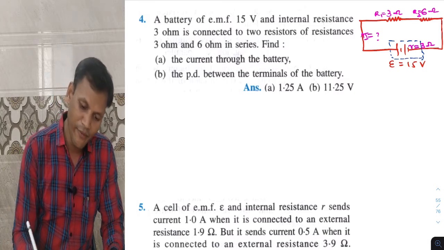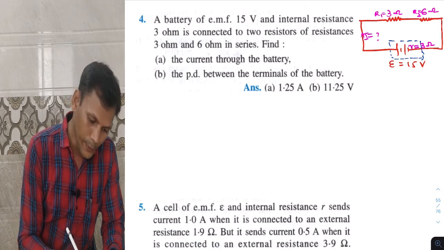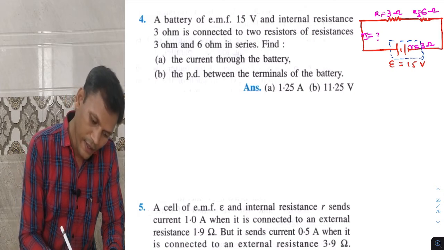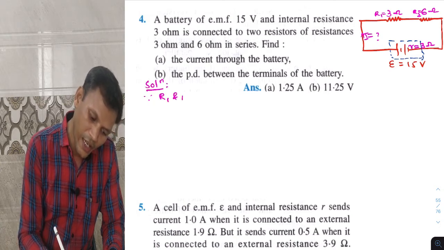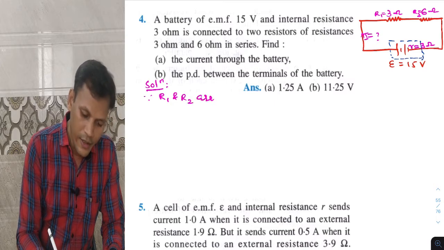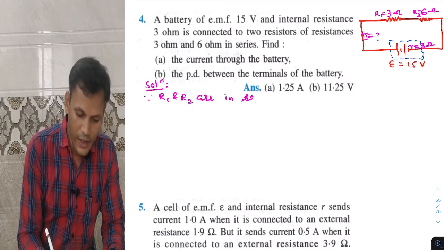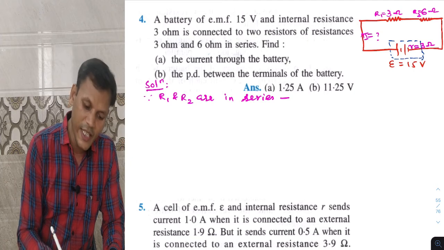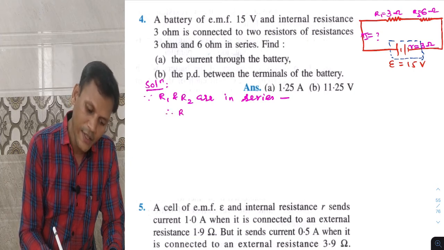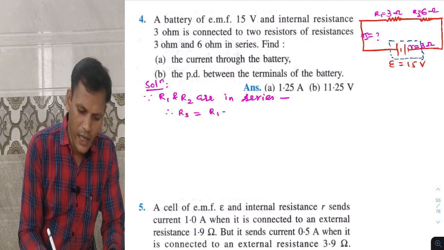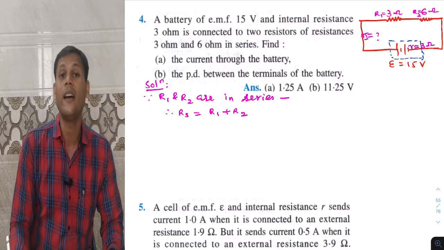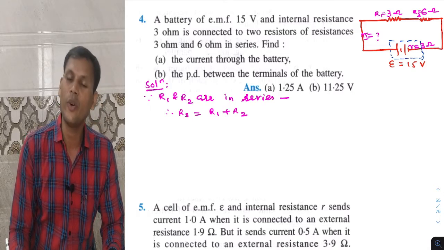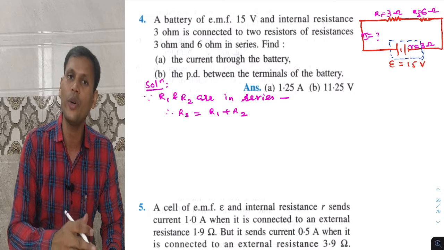So by the diagram we can write, since R1 and R2 are in series, the net resistance RS will be R1 plus R2. What is the series formula? RS is equal to R1 plus R2 plus R3 up to Rn.